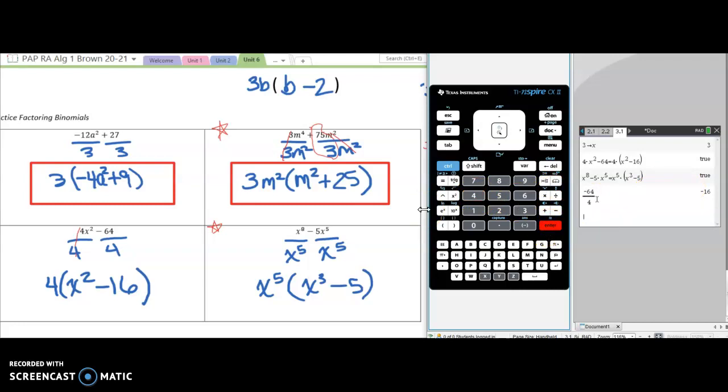So that comes down here. To check that in my calculator, I ran true, false. I gave x a value of 3. I did 3, control, variable, x, enter. And then I ran true, false, and it told me that 4x squared minus 64 was equal to 4 times x squared minus 16.